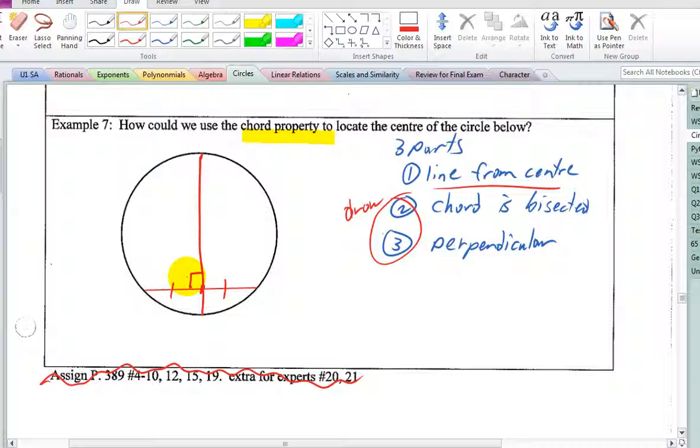Any ideas on what I could do to locate where exactly is center? What if you knew, yep. The chord theory twice.